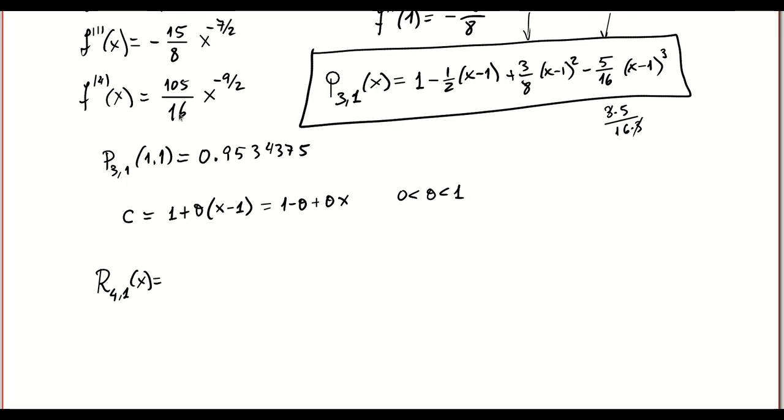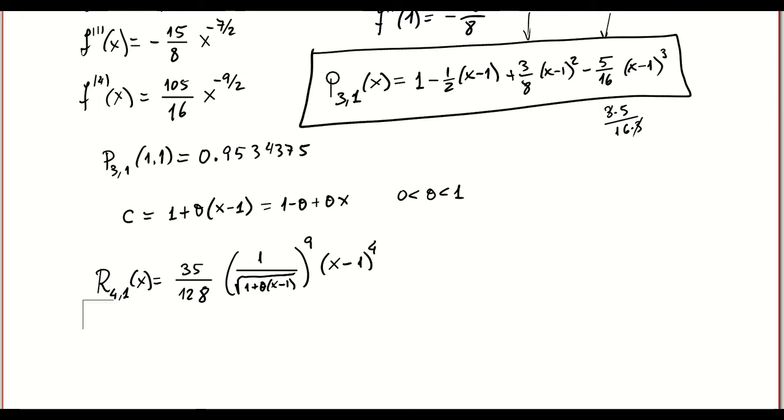So when we divide 105 over 16 by 4 factorial, which is 24, and simplify factors, what we obtain is 35 over 128. And then we have the 9th power of 1 over the square root of 1 plus theta (x minus 1), this to the 9th power, multiplied by (x minus 1) to the power 4.